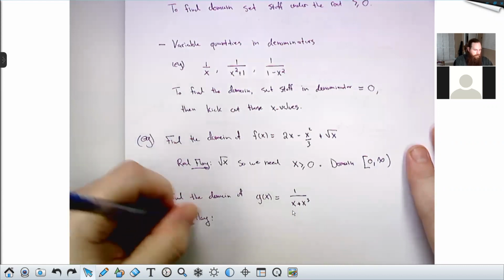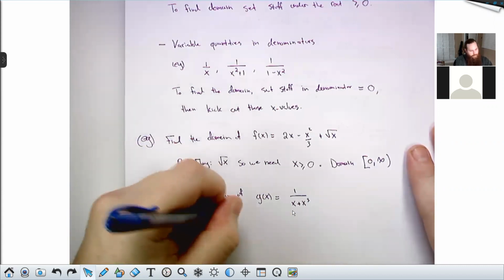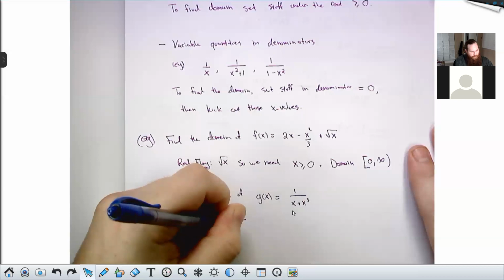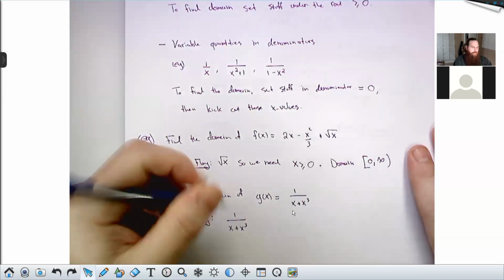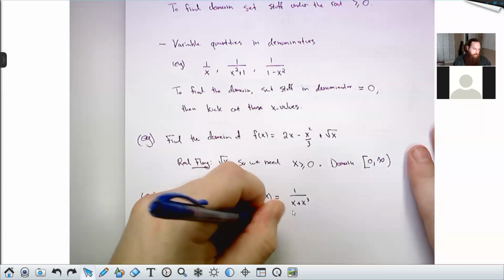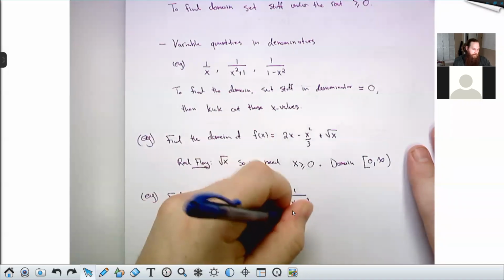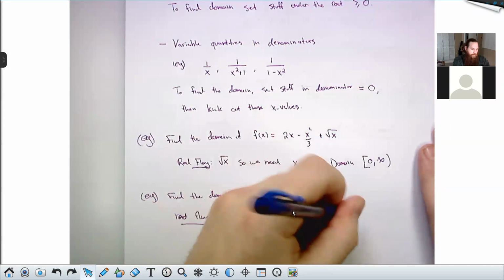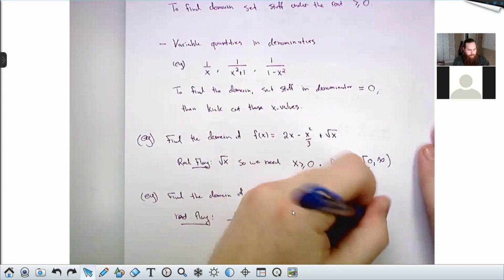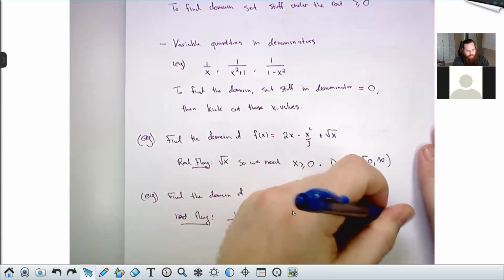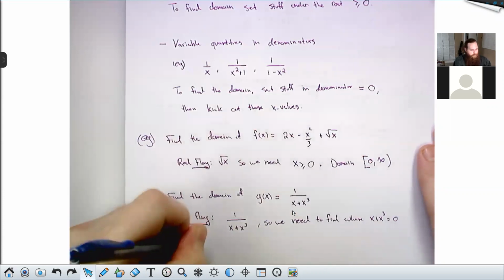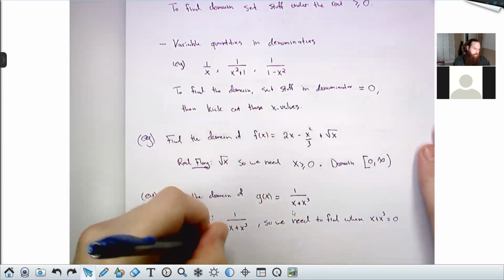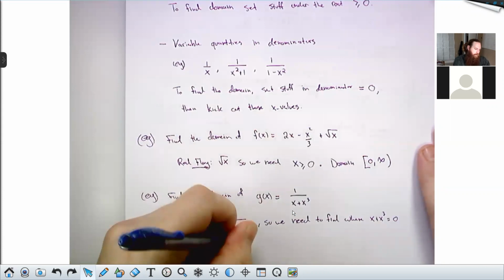I've got variable stuff downstairs. It's the whole thing. So we need to find where x plus x cubed is equal to 0 and kick those out.